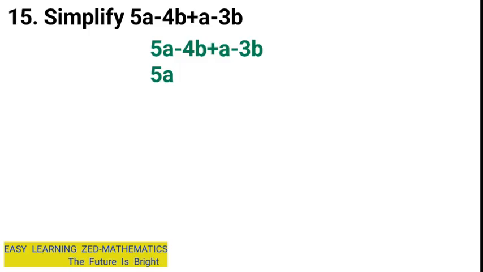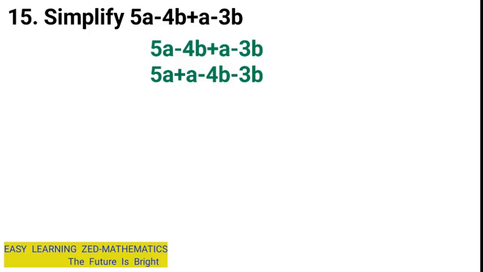So I've got a there, which is positive a, so it's going to be 5a plus a. Then next I'm going to write minus 4b, and then the other term that is similar to 4b is 3b, so it's going to be also minus 3b.